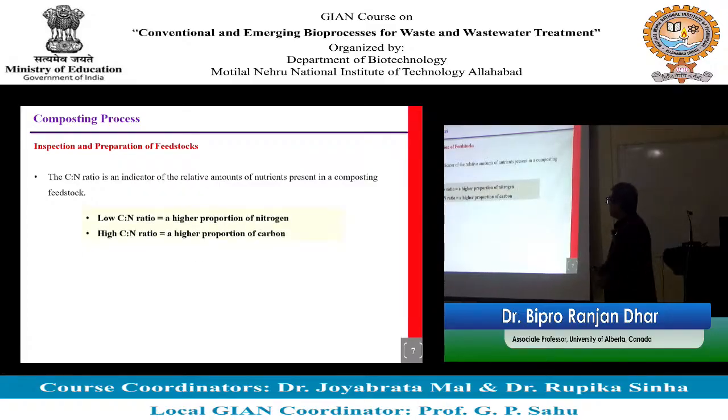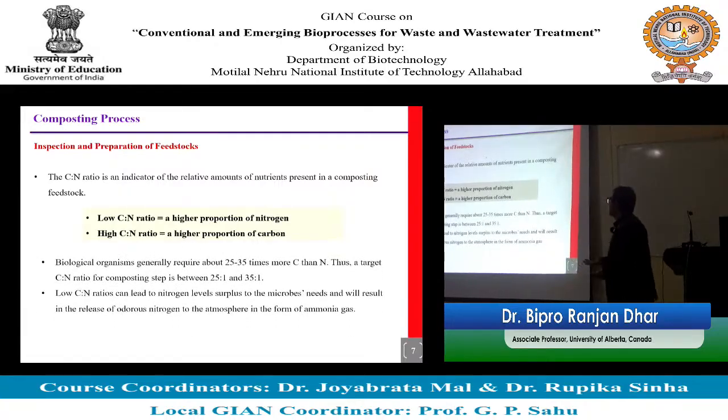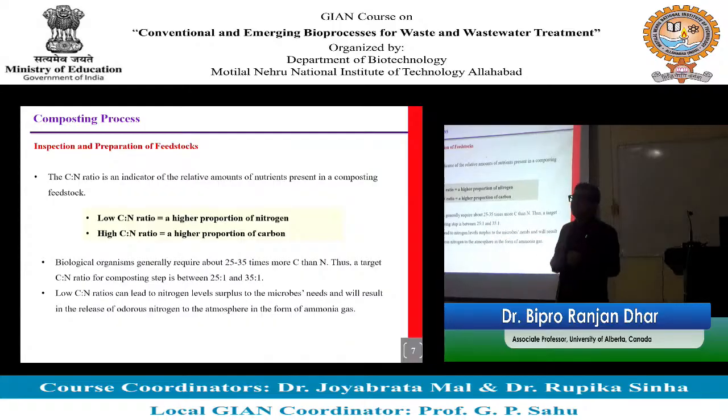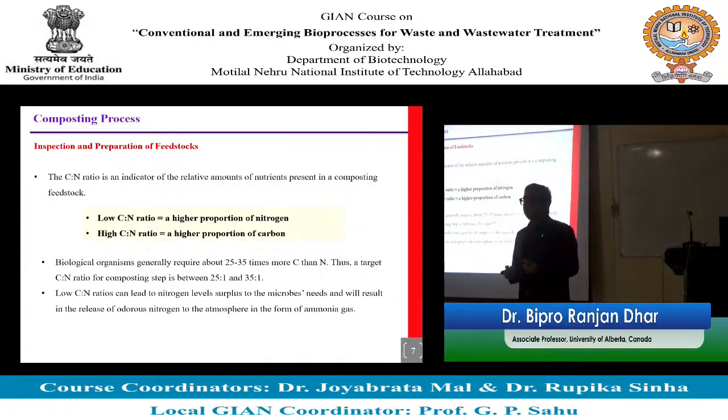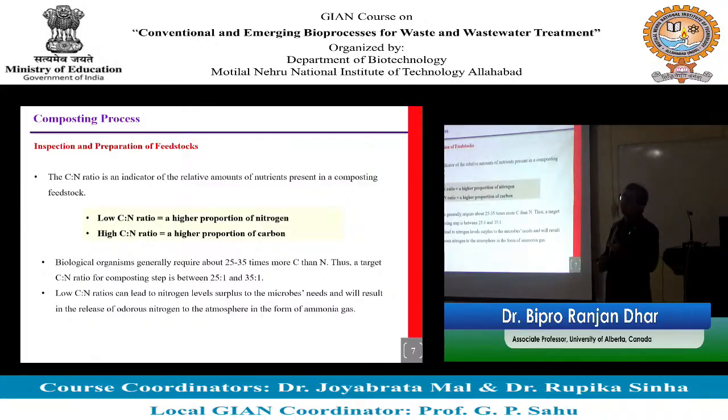The carbon to nitrogen ratio is an indicator of the relative amount of nutrients and carbon. A low carbon to nitrogen ratio means high nitrogen content, and a high carbon to nitrogen ratio means a higher proportion of carbon, and both are not good. We know that microbes have a faster metabolism for carbon, but you still need nitrogen as a nutrient source.